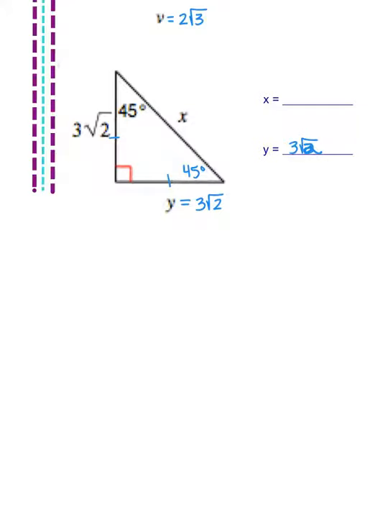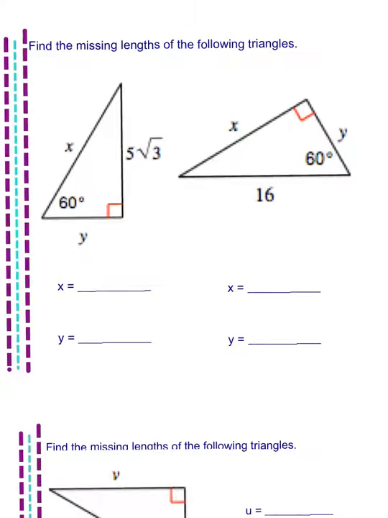Now my hypotenuse here, which is x, is always going to be equal to the side length, which is 3 root 2, times the square root of 2. Well, I know the square root of 2 times the square root of 2 is the square root of 4, and the square root of 4 is just 2. So I end up with 3 times 2, which is 6. So that's how we're doing those two problems.